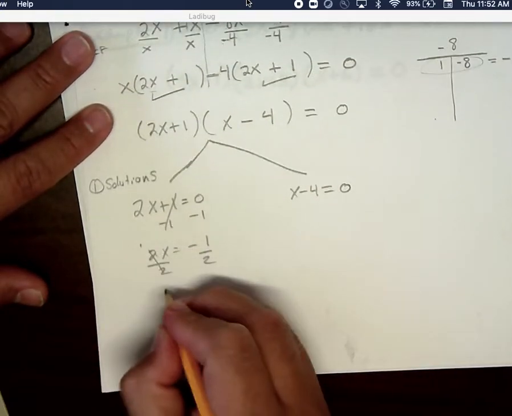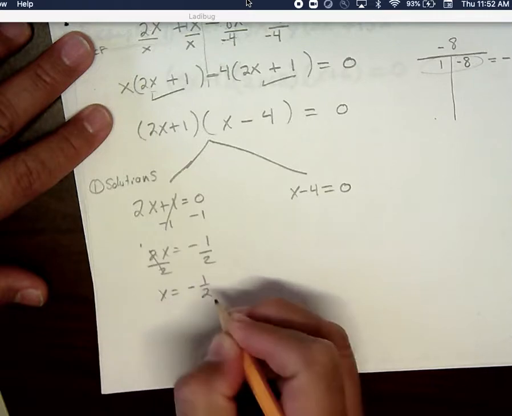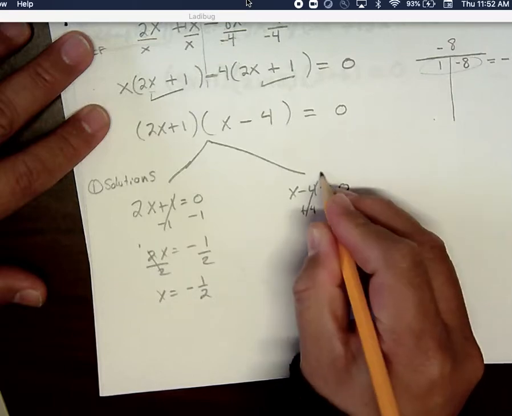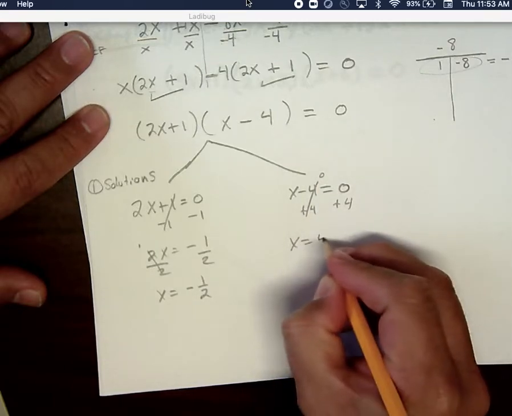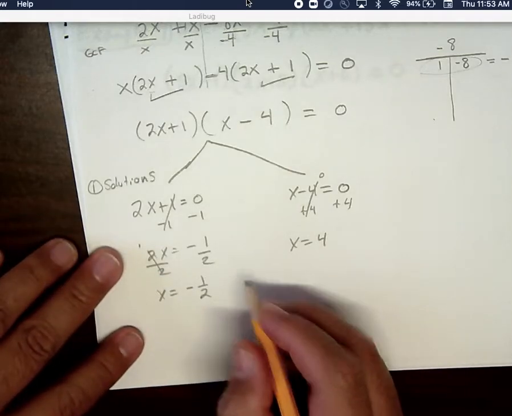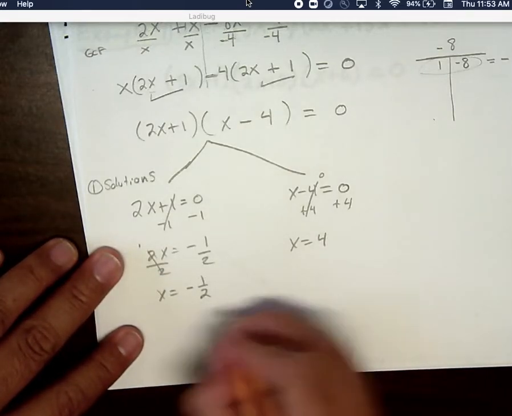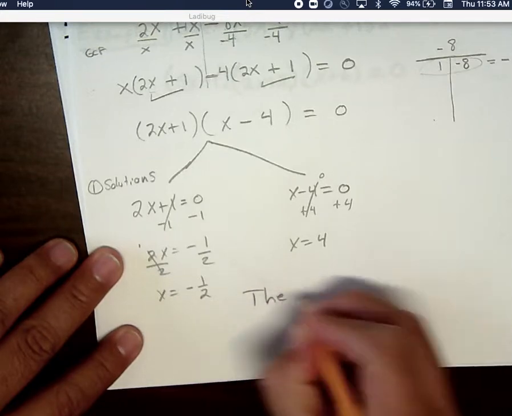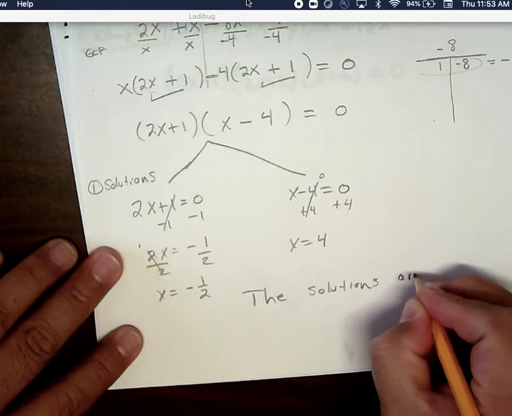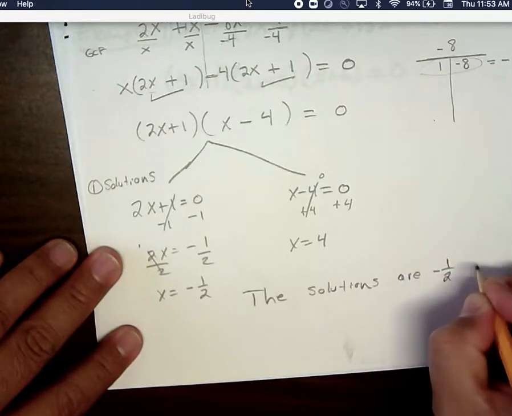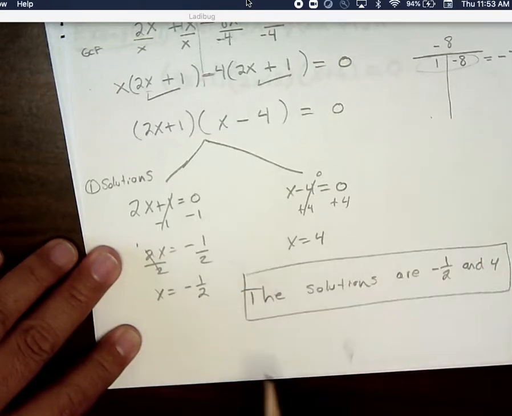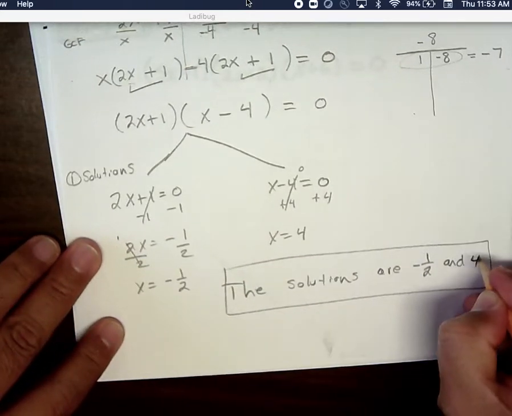So x would equal negative 1/2 on this side. And on this side, all you have to do is add 4 to get rid of the 4. So x equals 4. So the solutions are those two, negative 1/2 and 4. That's how you do that.